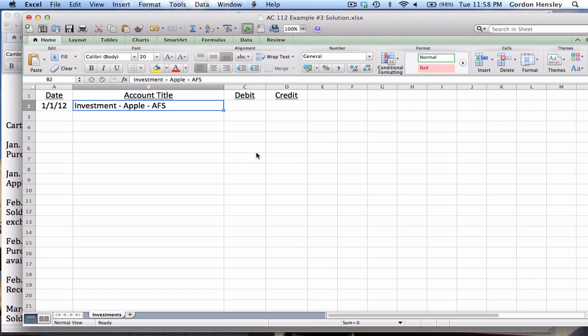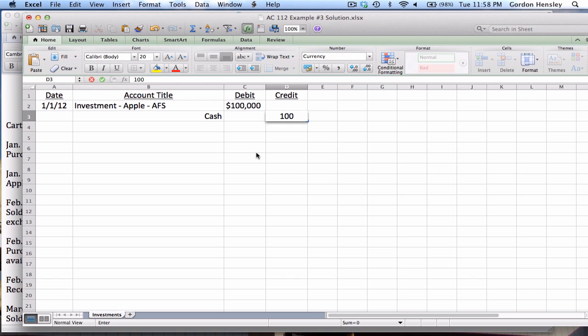And the reason that I put the actual name of Apple in there is by identifying these investments, it'll make things easier later on in the event that they actually decide to sell this investment. So labeling these things just makes it easier to find if I have to go back and look for certain things. And I'm going to pay for this investment with cash, so I will credit cash, and the cost is $100,000.